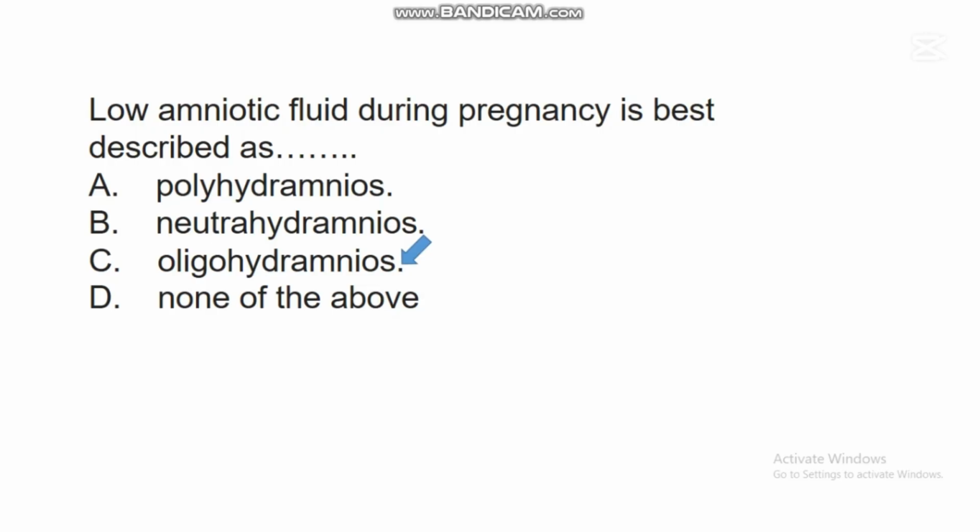Oligohydramnios is a condition whereby there is low amniotic fluid in a pregnant woman. So, this condition occurs in some pregnancy. There are some people that when they are pregnant, there will be low amniotic fluid in them. So this situation whereby there is low amniotic fluid during pregnancy is called oligohydramnios.